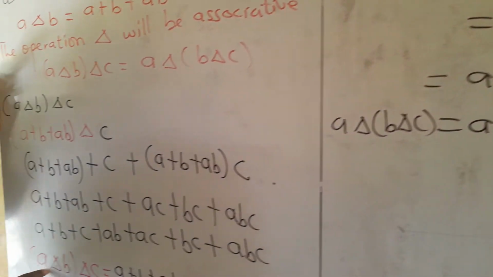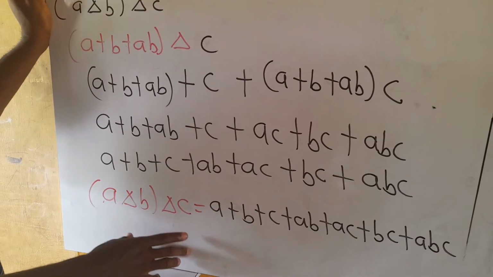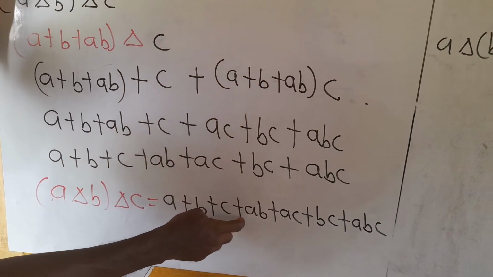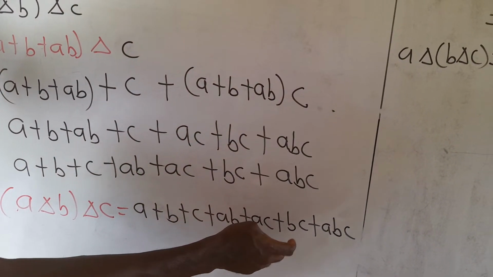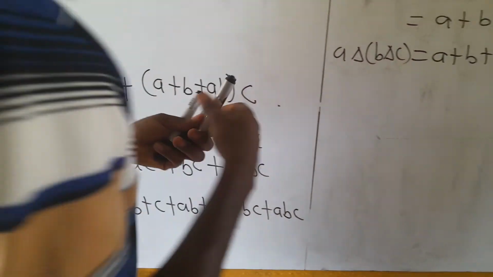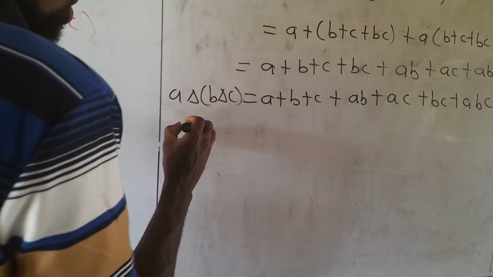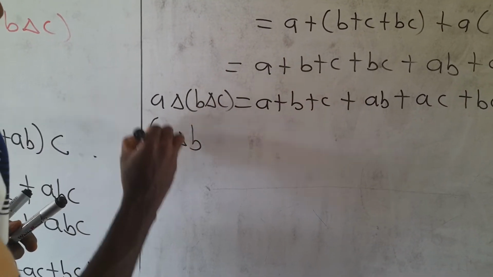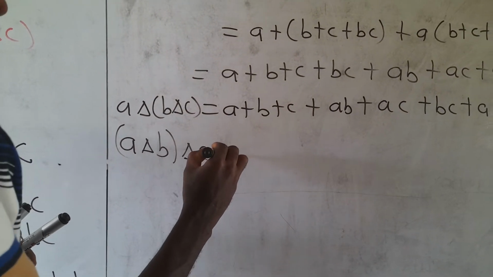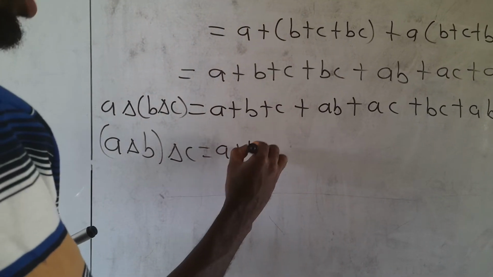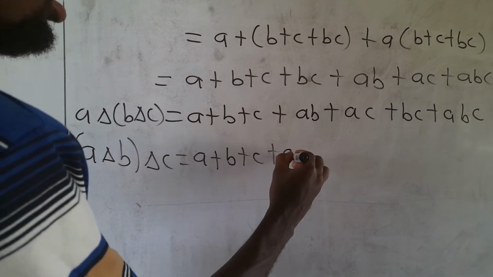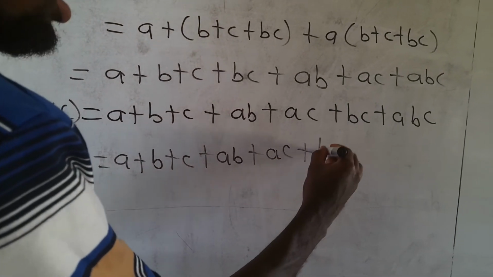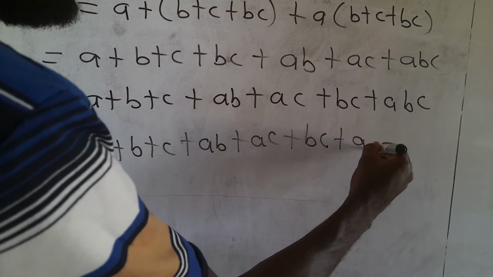And look at it. Look at our (A delta B) delta C in bracket, this one, that's the left hand side. It's also A plus B plus C plus AB plus AC plus BC plus ABC. So let me copy that here. So our (A delta B) delta C is also A plus B plus C plus AB plus AC plus BC and plus ABC.